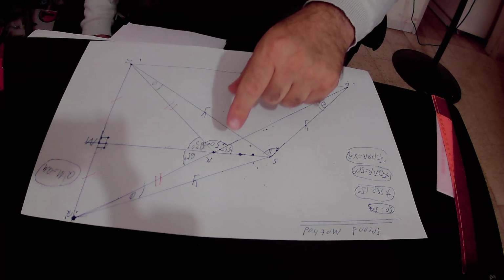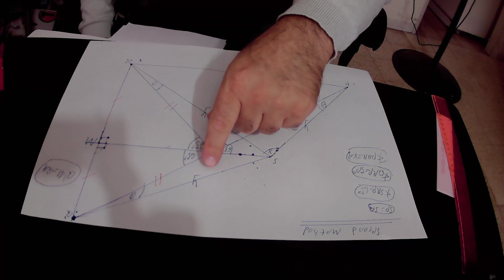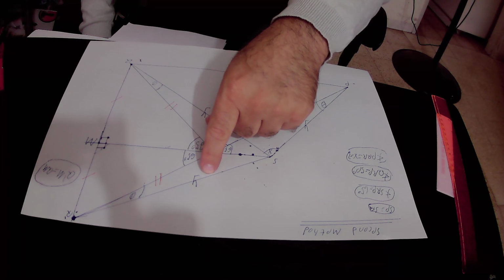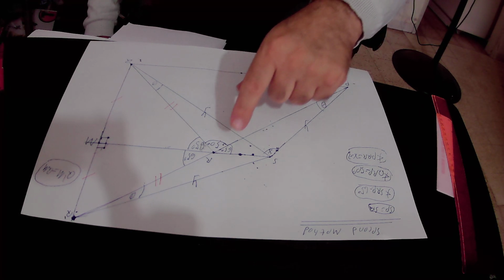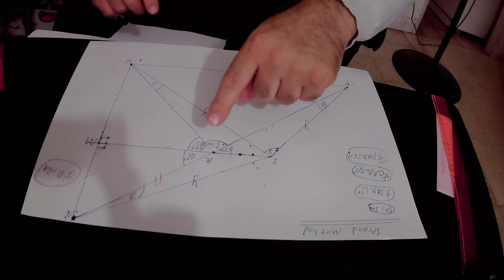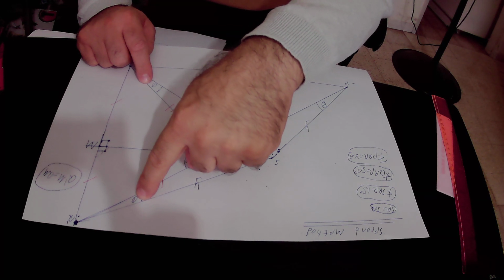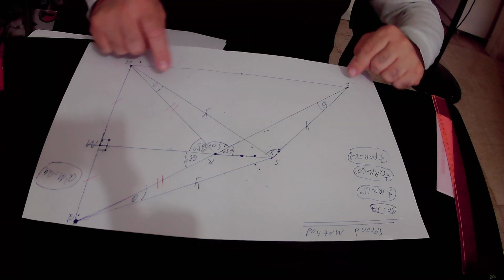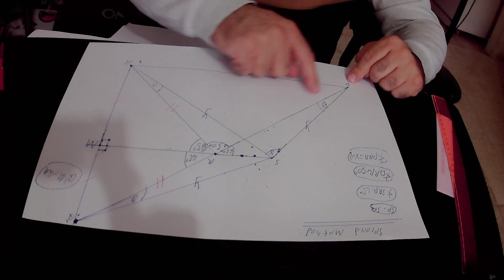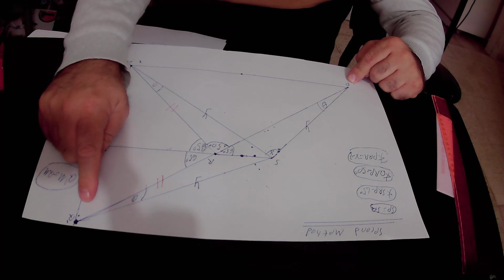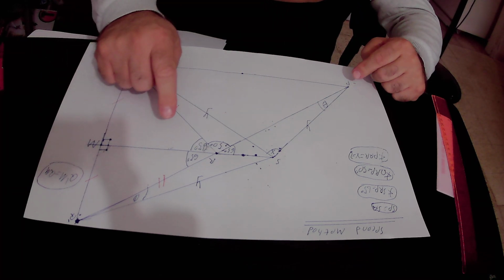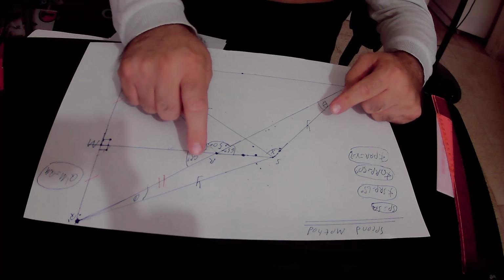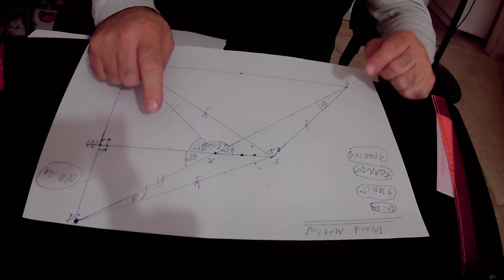Then we proved that those two triangles are congruent according to the side rule, and from that fact we concluded that those two angles are equal to each other. Then we proved that PQ dash is a straight line, therefore SPQ dash is a triangle, and in triangle SPQ dash we have two sides that are equal to each other.